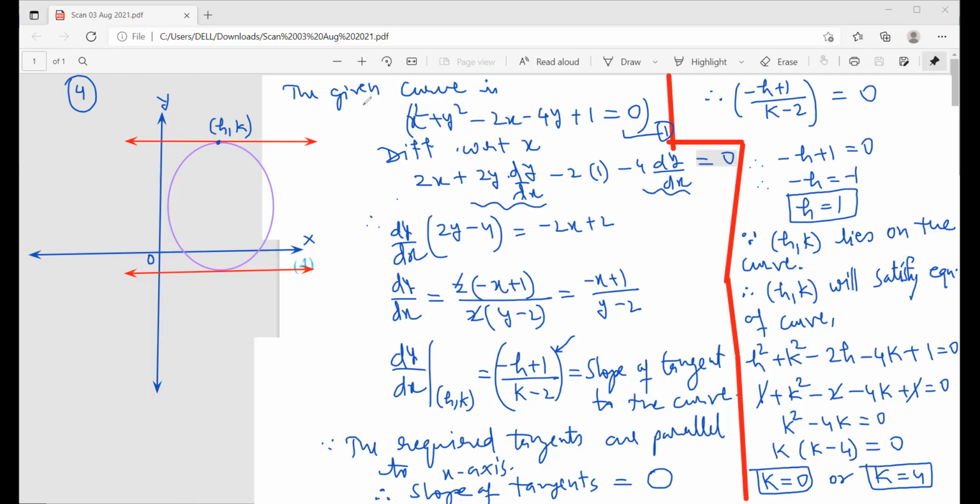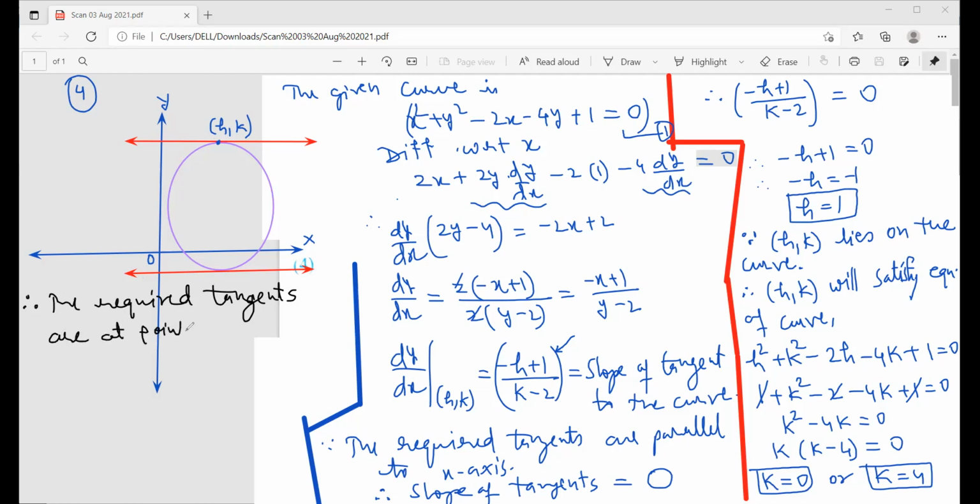What are those 2 points? Therefore, the 2 points where the tangents are drawn. I will write here, therefore, the required tangents are at points.